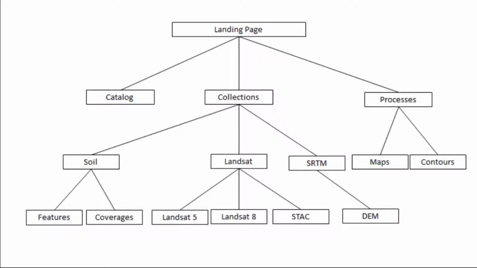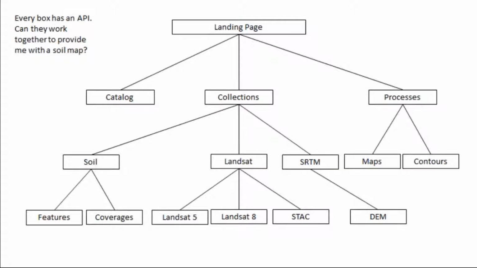Right now, coverages doesn't do that. We've talked about it, but it doesn't do that. What we do have, however, is STAC, which is a form of catalog, which is a form of API features. Features, feature collections do support collections of collections of collections.